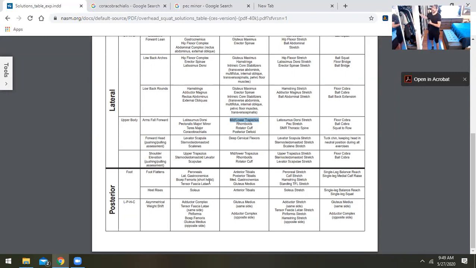And then after you're done inhibiting everything, you lengthen all that stuff out, right? Particularly a nice straight arm pec stretch here is going to be really good, because that is going to pull into horizontal abduction as well as pull my shoulder back. So I'm getting a really good stretch from this straight arm pec stretch. I could also just do a pec major stretch, which is just this version here.